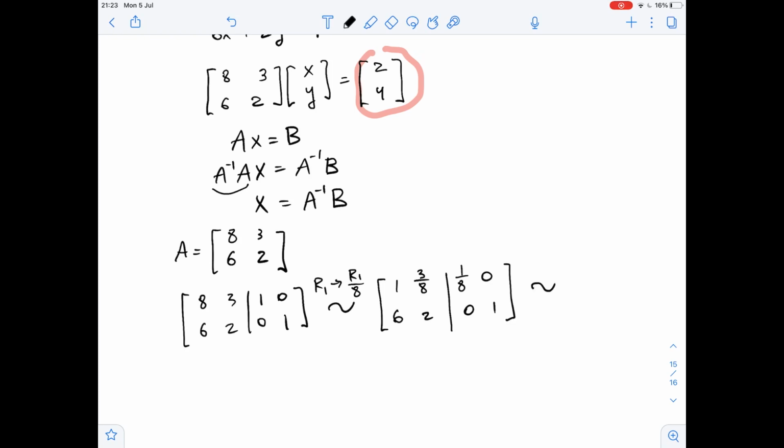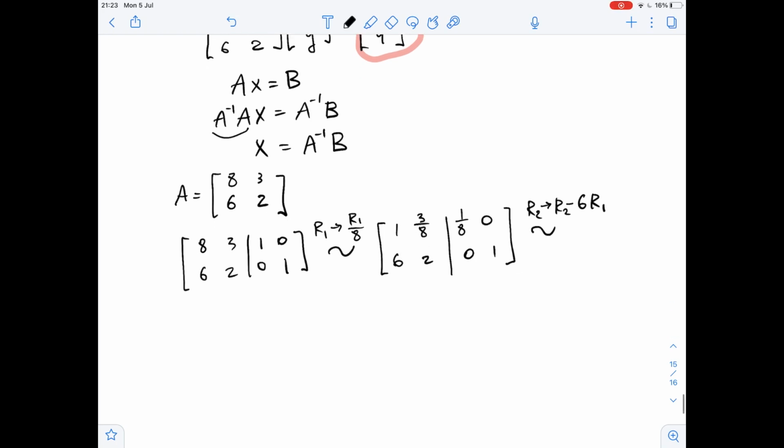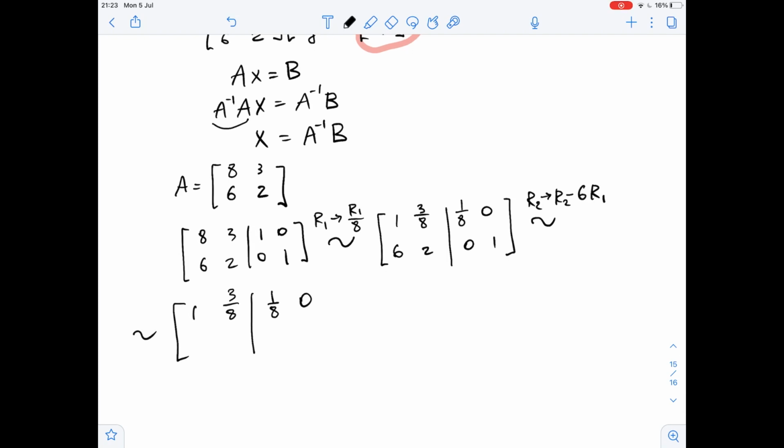In the next step, we subtract the first row multiplied by 6 from the second row. So row 2 becomes row 2 minus 6 times row 1, and row 1 stays the same, but in our second row we get 0, negative 1 fourth, negative 3 fourths, 1.